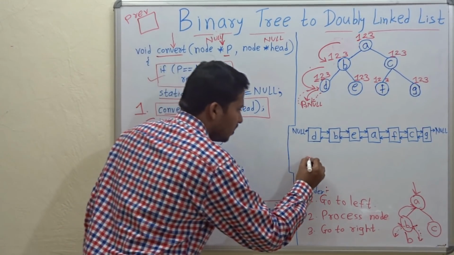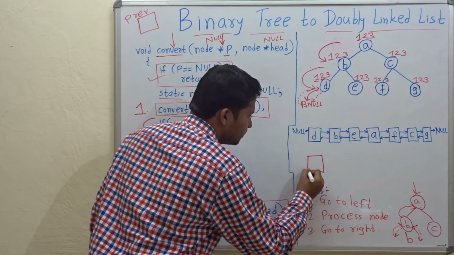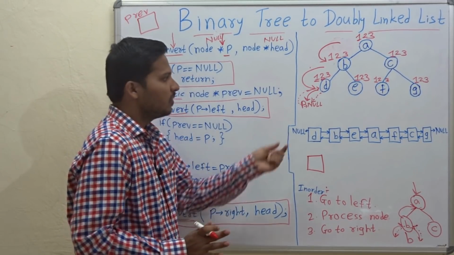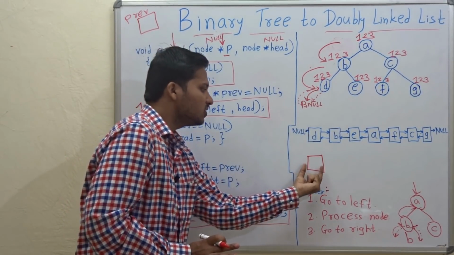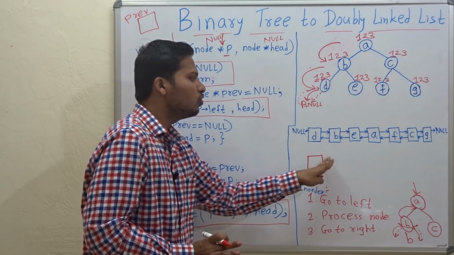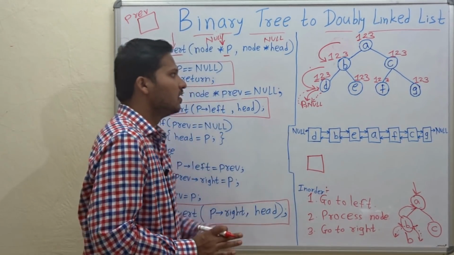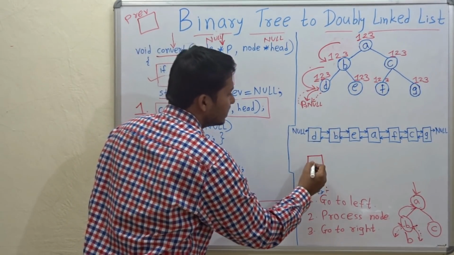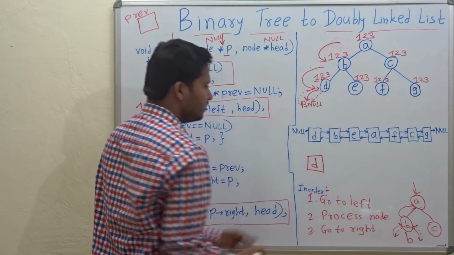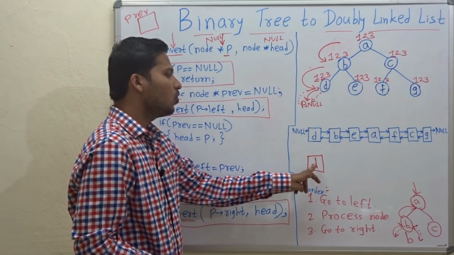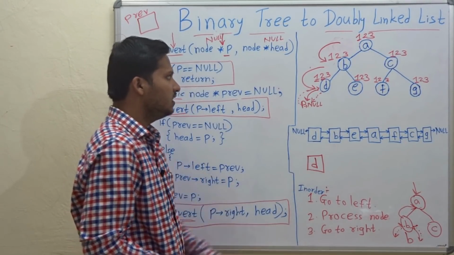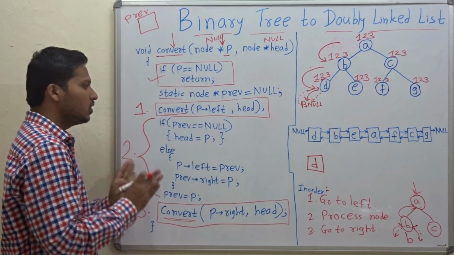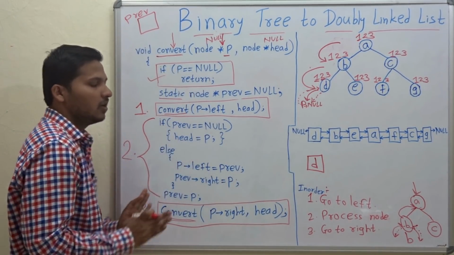Everything is occurring in place, but I am just writing these nodes here to give it the look of a doubly linked list. So this memory location I write here, that is D. That memory location is holding the character D, and D is the head node because previous is null.